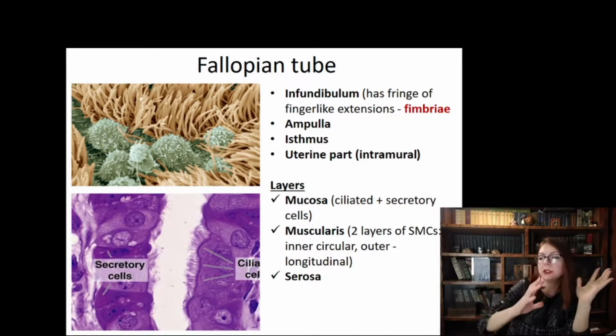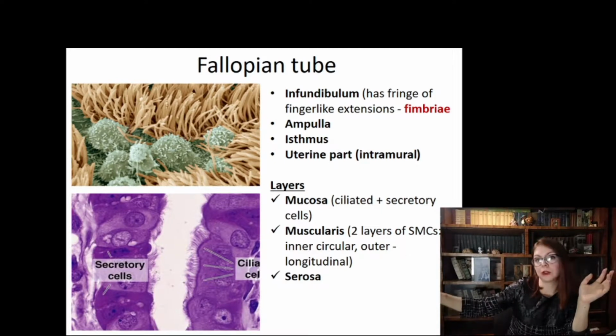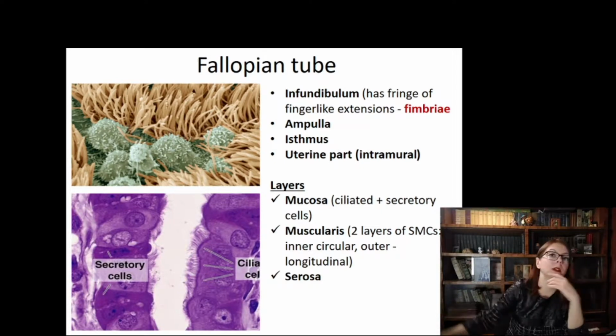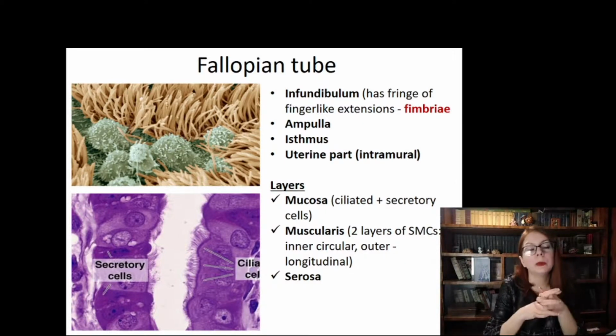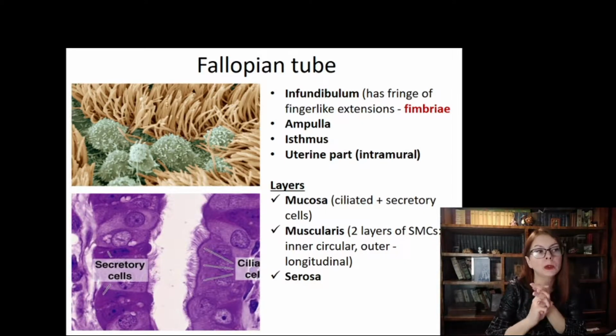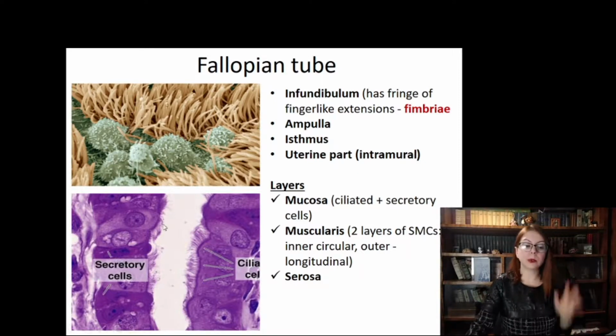So after 5 days, the fertilized oocyte should be in the uterus and should be implanted there, but in case it is still in the fallopian tube, it could be implanted there, and ectopic tubal pregnancies are very dangerous and should be surgically removed, as the fallopian tube is not the proper site to carry the pregnancy. Okay, so that's what you have to understand, that ciliated cells are important in transporting the oocyte, and the peristaltic contraction of the muscularis.